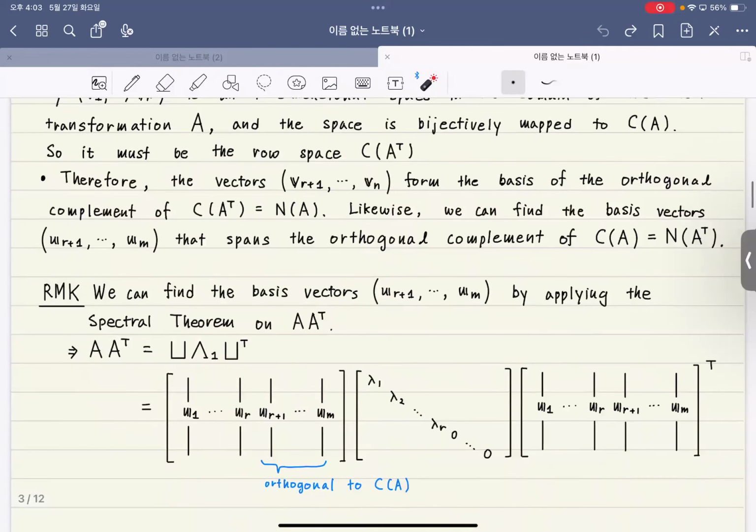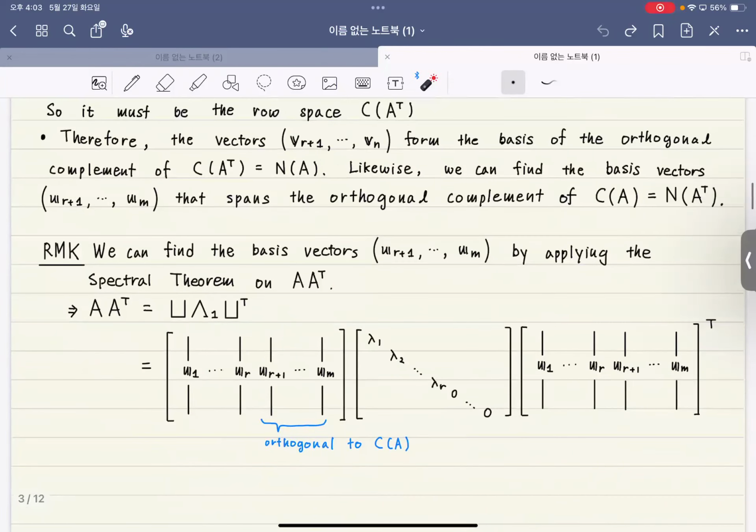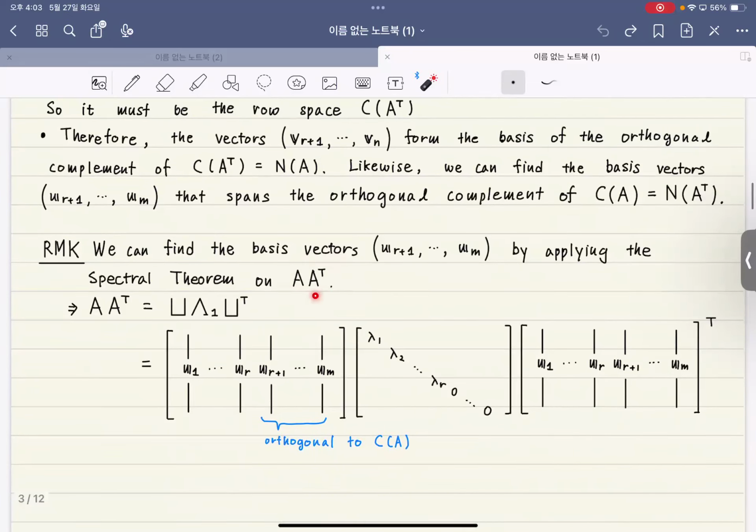You can do that, but another idea is to apply the spectral theorem on AA transpose. This is still a positive semi-definite symmetric matrix, so you can apply the spectral theorem.